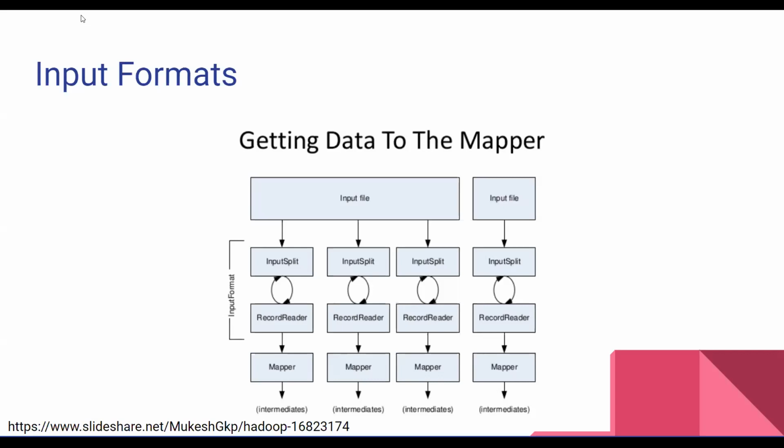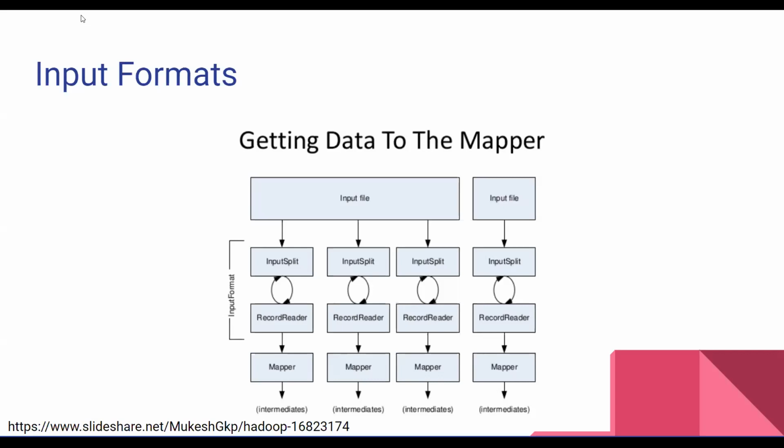In general, an input split has a length in bytes and a set of storage locations, which are just host name strings. Notice that the split doesn't contain the input data. It's just a reference to the data. The reason for that is the storage locations are used by the MapReduce system to place a map task as close as possible to the split data.